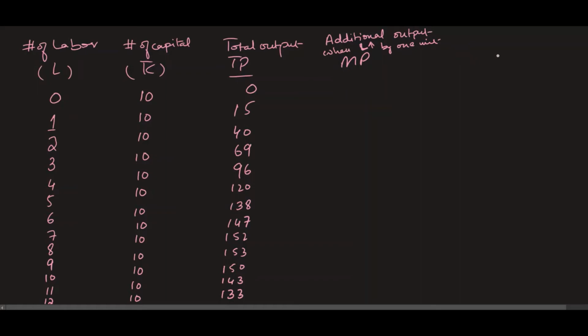And then the firm also is interested to see the average productivity of the labor, in which the firm is interested to know the productivity of the labor in terms of how much on average each worker can produce.